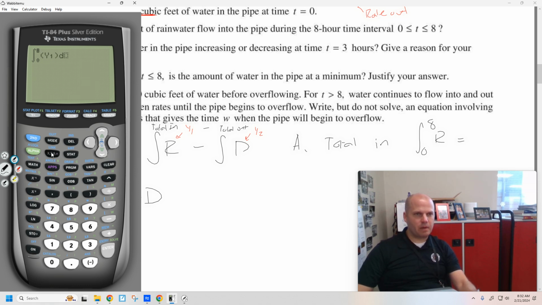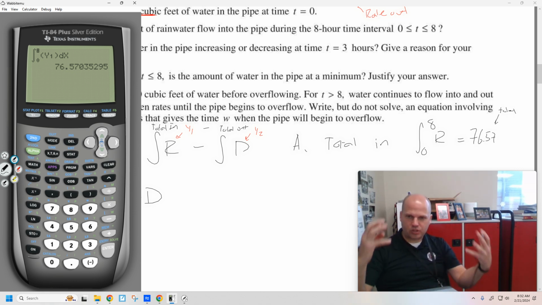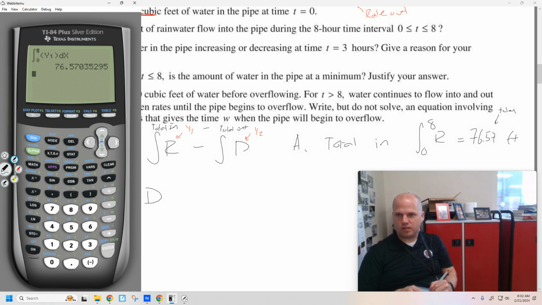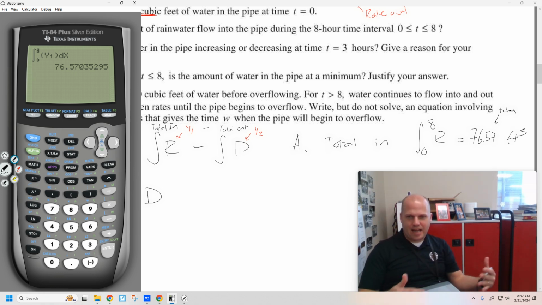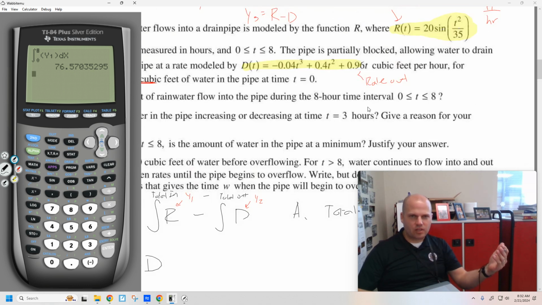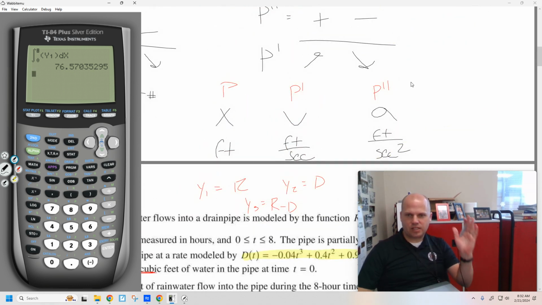This is accumulating my rate in. This is telling me the total in, 76.57. This is a total. The total is like a position. It will be cubic feet. Do I need units? Not necessarily right now, but in the future we will. So just keep in mind, position, velocity, acceleration, feet per second squared.